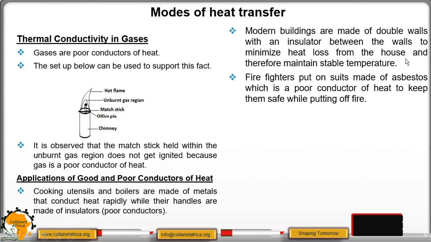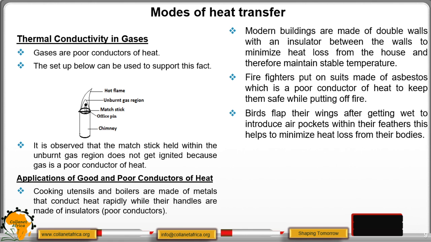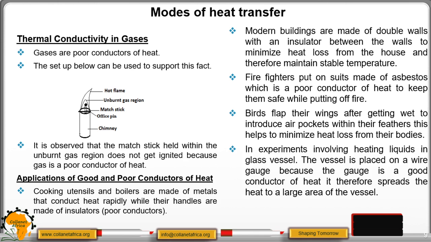Then number two, we have that firefighters put on suits that are made of asbestos. These asbestos are poor conductors of heat, and therefore they are safe when they are putting off fire. Then birds flap their wings after getting wet, and as they flap, they introduce air pockets within their feathers, and this ensures that they minimize heat loss from their body because air is a poor conductor of heat.